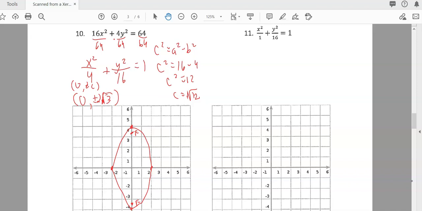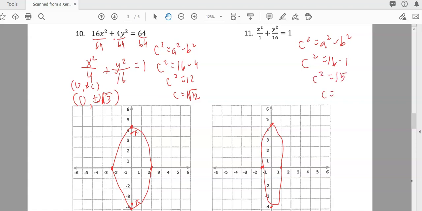And this one, that's an interesting one. Okay, so vertically I'm going up and down 4. It's another vertical one. Horizontally going right and left square root of 1, which is 1. So it's really skinny here. And then c squared equals a squared minus b squared. So c squared equals 16 minus 1. c squared equals 15.